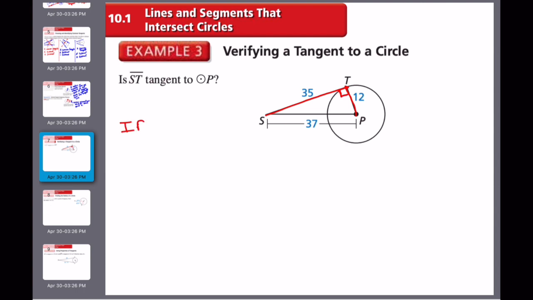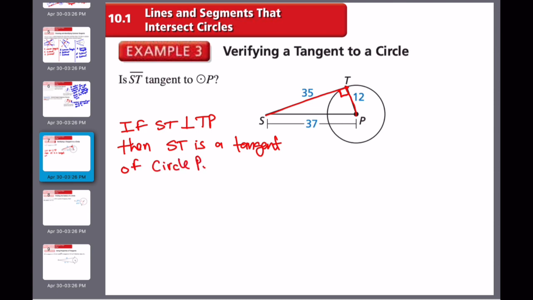If ST is perpendicular to TP, then ST is a tangent of circle P. And then I ask, how can you show that that's a right angle? What can you use to prove that that's a right angle or not?